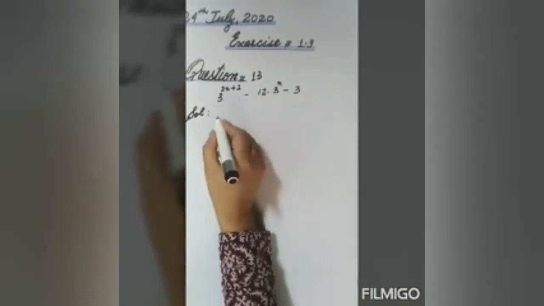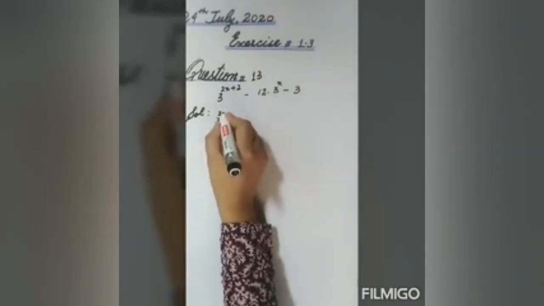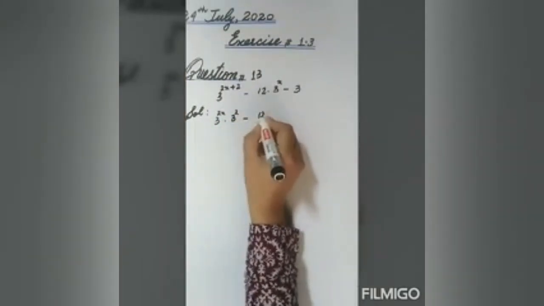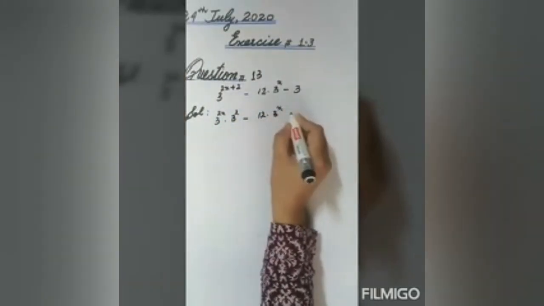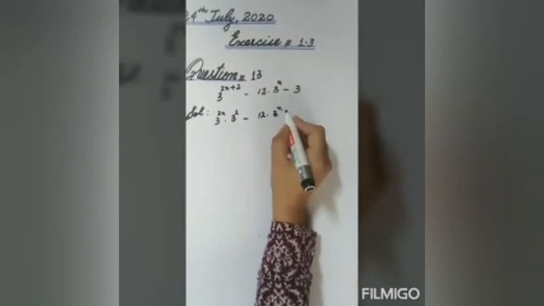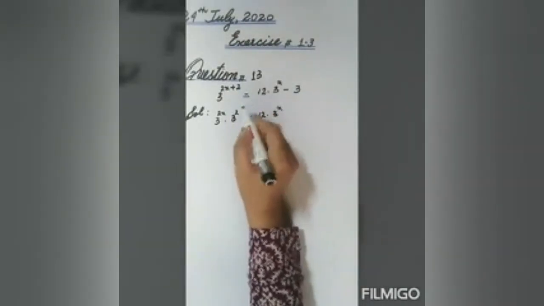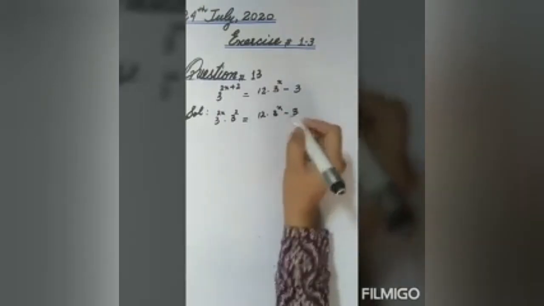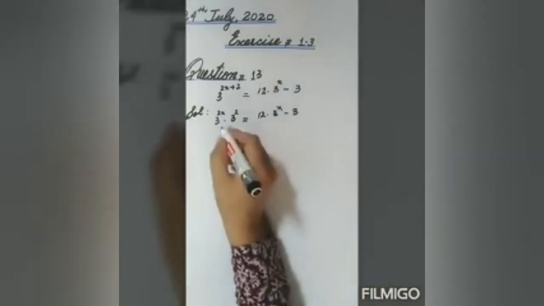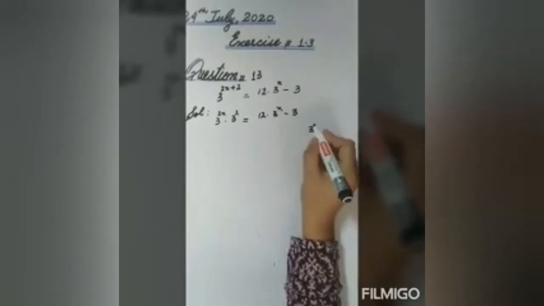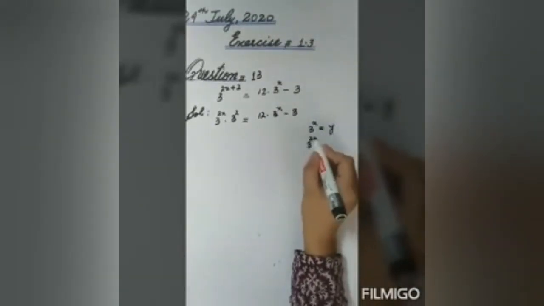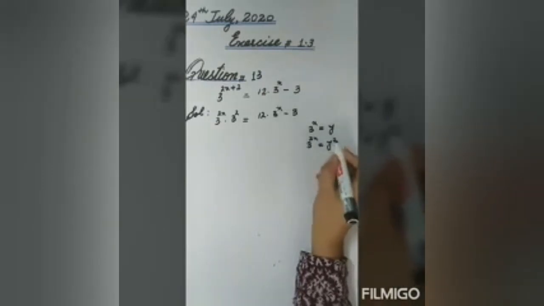Firstly, check how we can separate this: 3 power 2x into 3 power 2 minus 12 into 3 power x equals 12 into 3 power x minus 3. Now suppose 3 power x equals y, so 3 power 2x becomes y square.